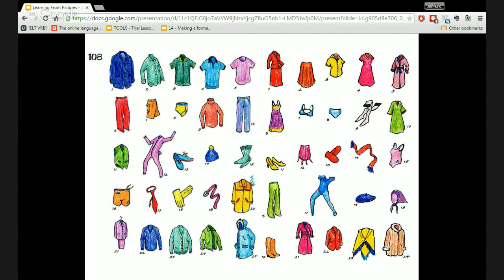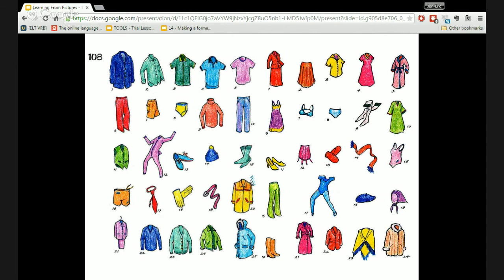So maybe what we can do while we're waiting is let's just take a look at some of the pictures on the left half of the screen, because last week I worked exclusively with men's clothing, all those pictures on the left half.